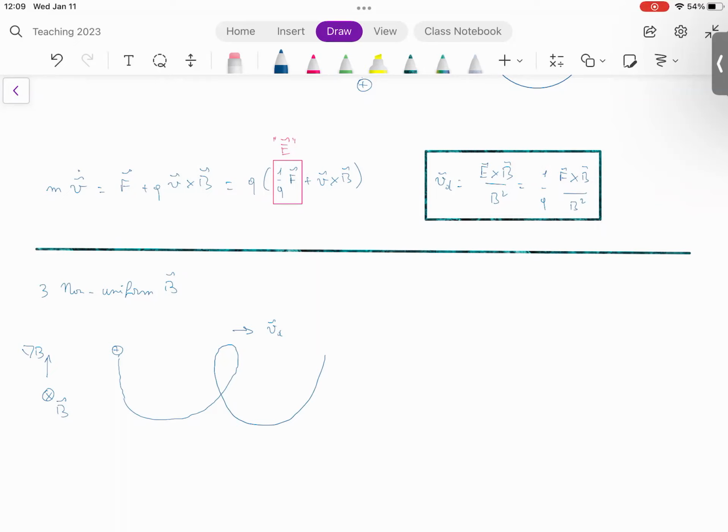Now, if you try to do the same plot for electrons, let me emphasize which way this piece of modern art goes. This is the direction of the motion. Remember, ions gyrate counterclockwise with respect to a constant magnetic field.